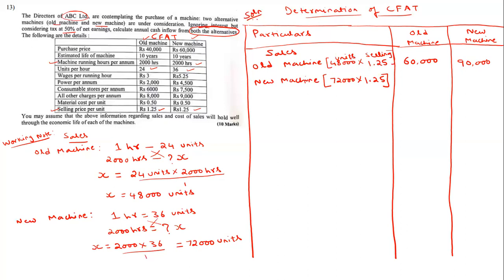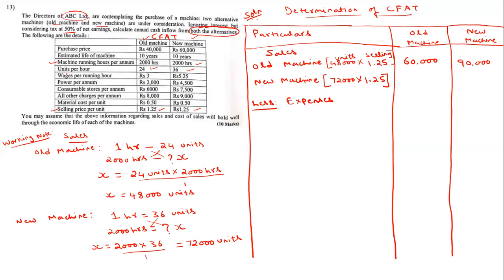Now, before I go for finding out the CFAT, we know that when we have the first revenue, the first source which the firm is getting, that is 60,000 and 90,000 as sales, now we need to deduct some expenses, less expenses. Now, what kind of expenses do we generally come across in this particular problem?